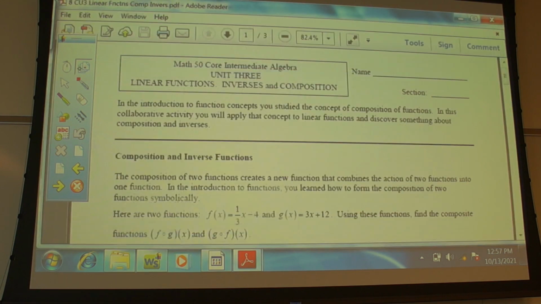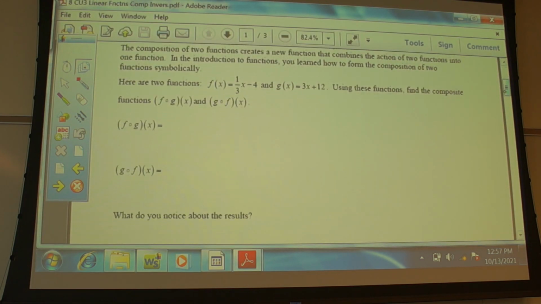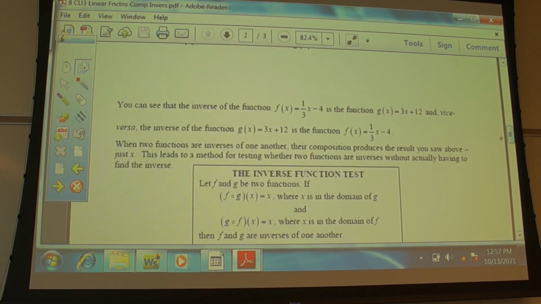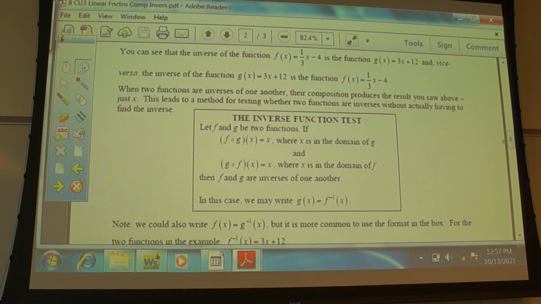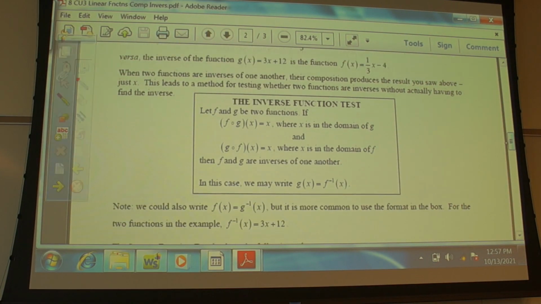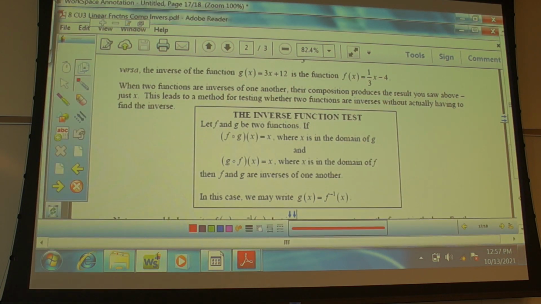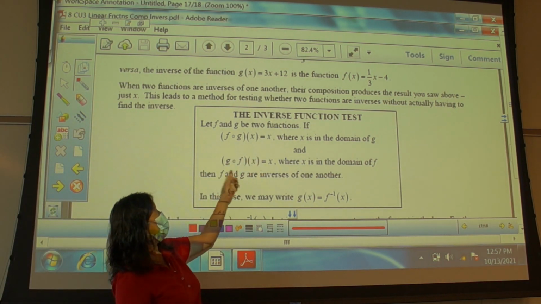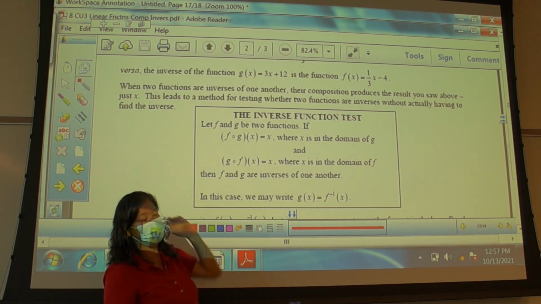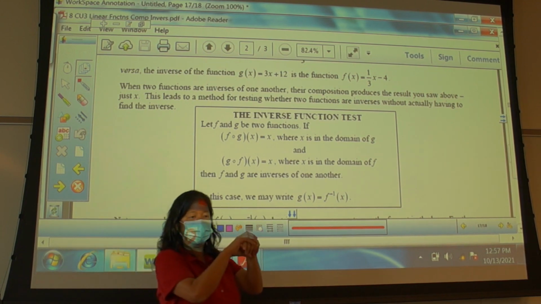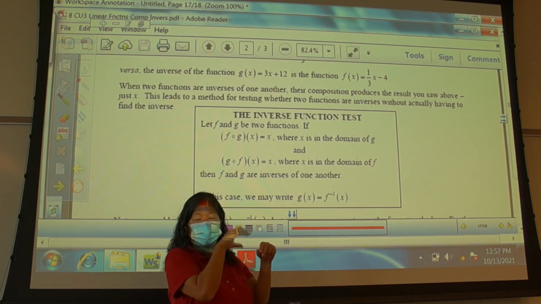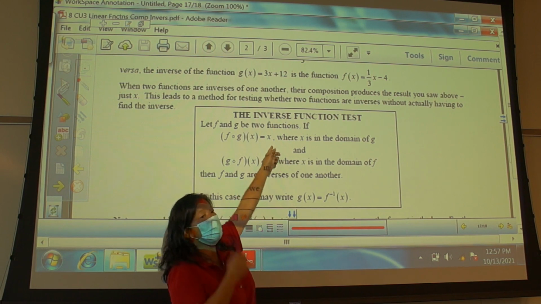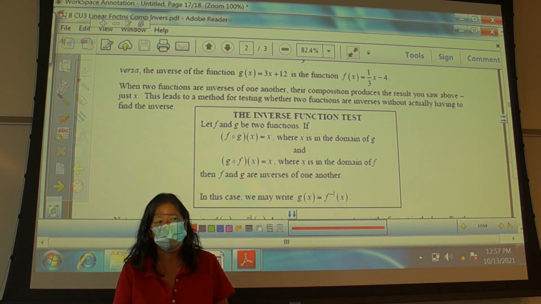And remember what we found, which was kind of cool, is that if you do f of g of x and you get x, and you do g of f of x and you get x, in other words, if you do one function to it and then you do the other function to that output and you get back what you started with, then they're inverses of each other, right?